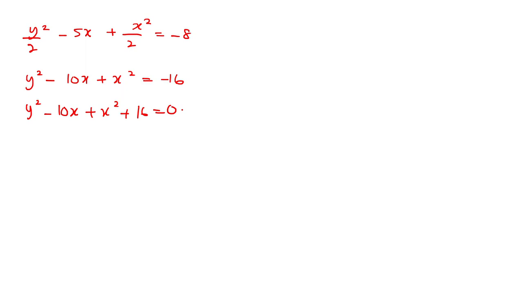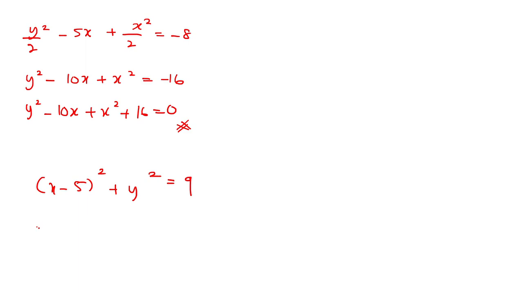Okay, and this one you can try with your calculator. Or maybe if you want to stop over here, it's also correct, because if you look at the final answer, they give us x minus 5 squared plus y squared equals 9.